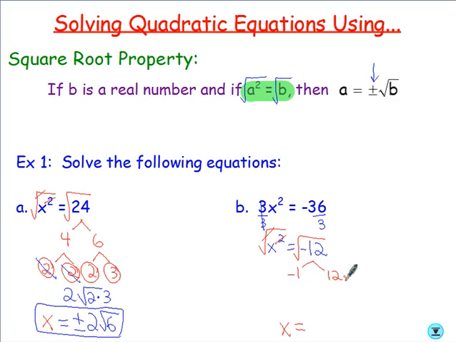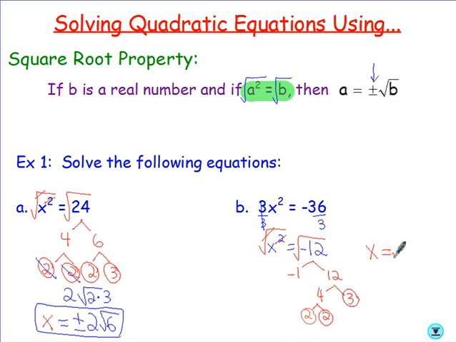The negative 1 will be important in a minute. 12 is 4 and 3. 3 is a prime. 4 is 2 and 2. And those are primes. Now we are ready to move on, and I'm out of space, so I'm actually going to move this x over here.